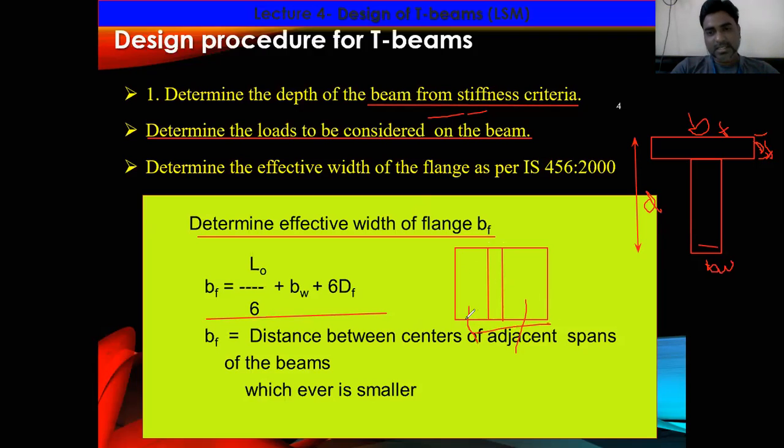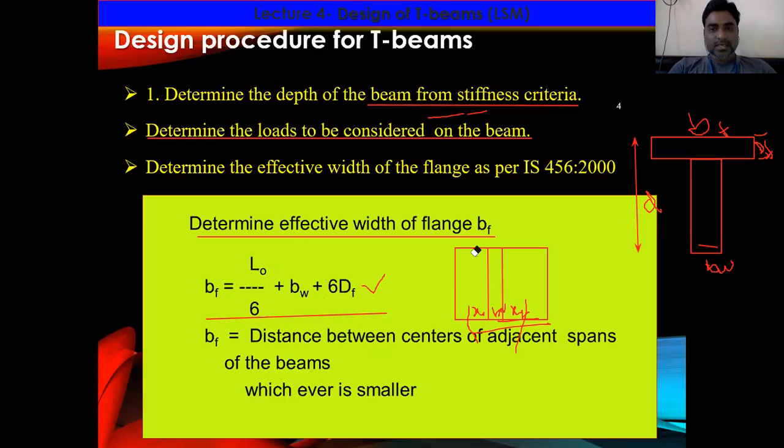Let us say this is x1, this is x2, right, and this is bw. So the actual width of the flange is x1 + bw + x2, right? And you can calculate the effective width of the flange as per the IS code, and whichever is minimum should be considered as your effective width of the flange, right? So like this, you need to determine the effective width of the flange.